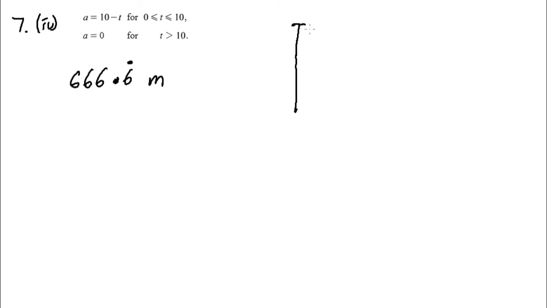So let's visualize it. This is a total of 1000 meters, and the box is right here at this moment, 666.6 meters up from the ground. And we know from even earlier questions that this bit only travels at a constant velocity of 15 meters per second.